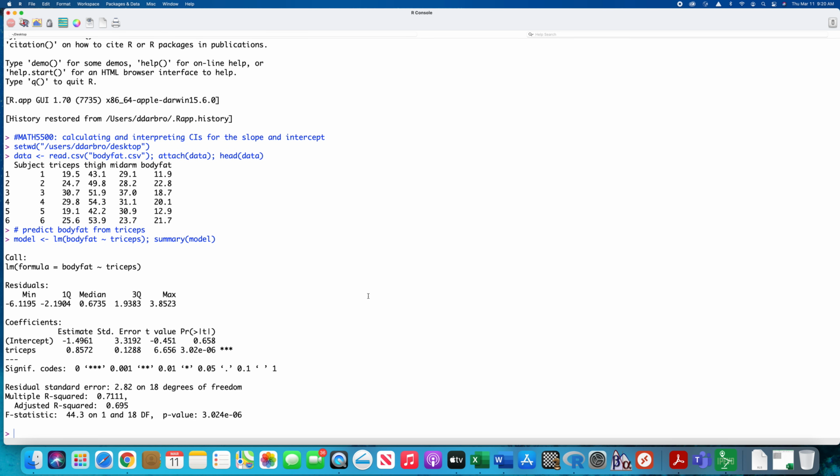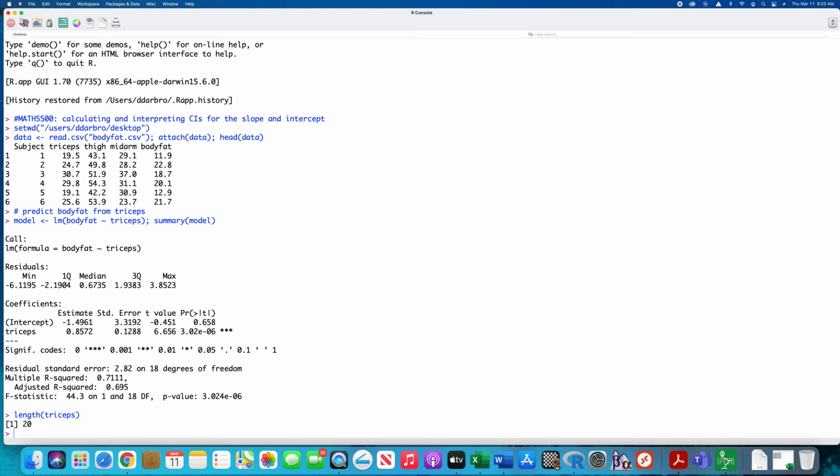All right, so I want to build margin of error around this. The reason is that I'm not really sure how many subjects we have here. Let's just do the length and see what happens. So we have 20 subjects that have provided measurements for this data set. If I'm interested in just discussing the measurements for these 20 subjects, then I just look at the mean, median, standard deviation, and correlation.